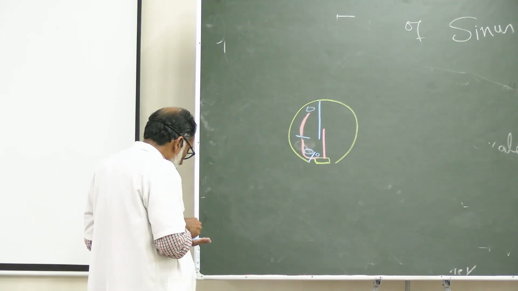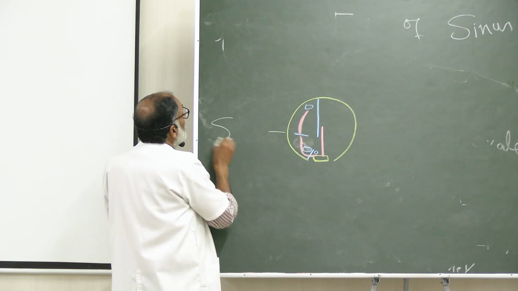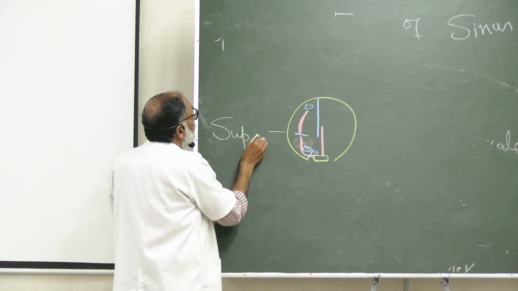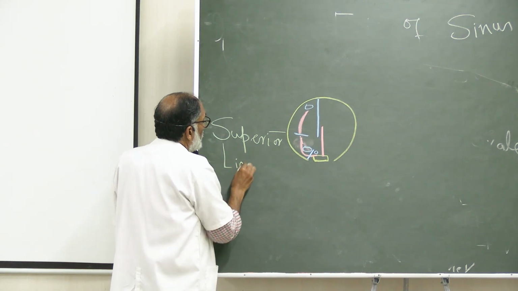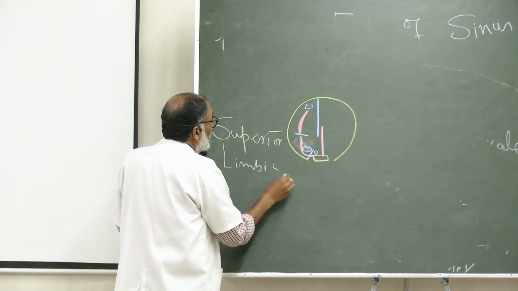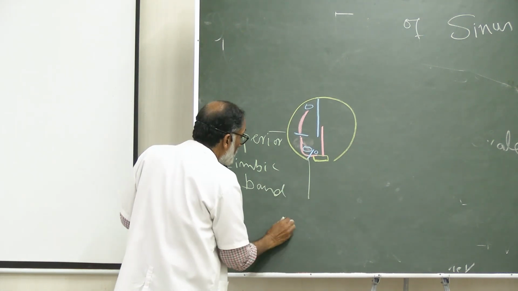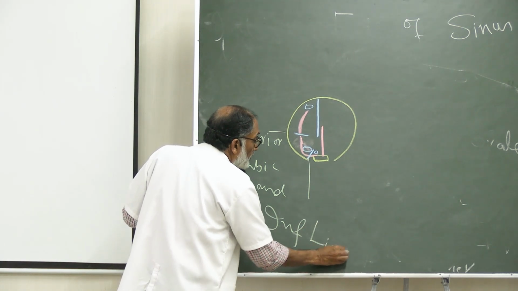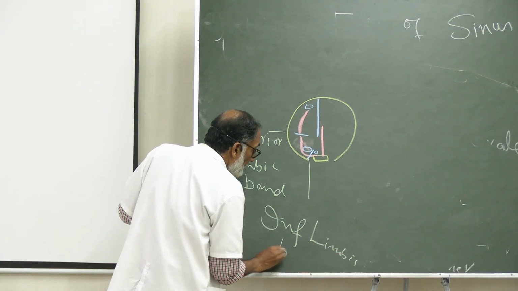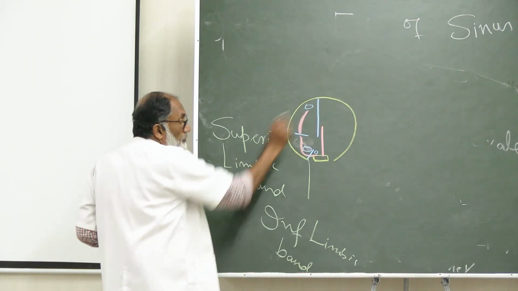The name of this band is the superior limbic band, and this is the inferior limbic band. Three parts.